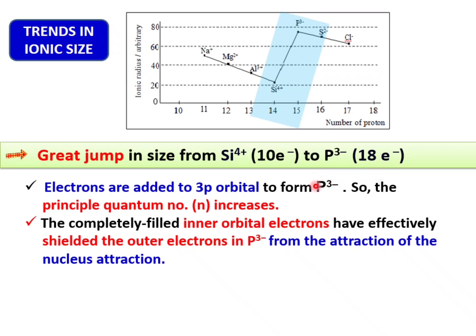We know phosphorus is 3 minus. Minus means it will receive 3 electrons. So electrons are added to the 3p orbital and the principal quantum number will increase. So the completely filled inner orbital electrons effectively shield the outer electrons in phosphorus.